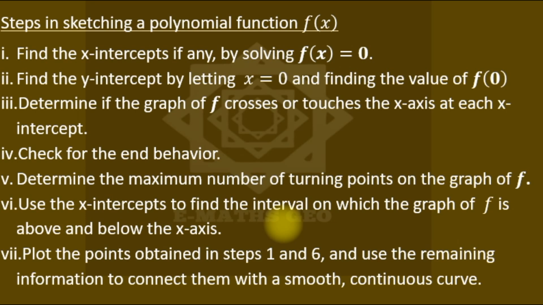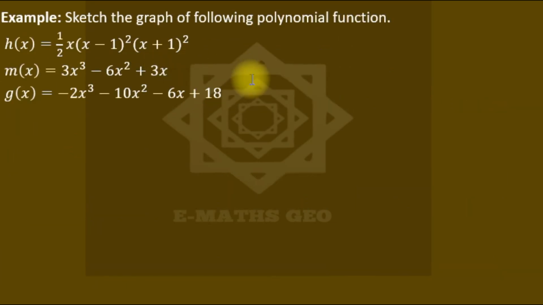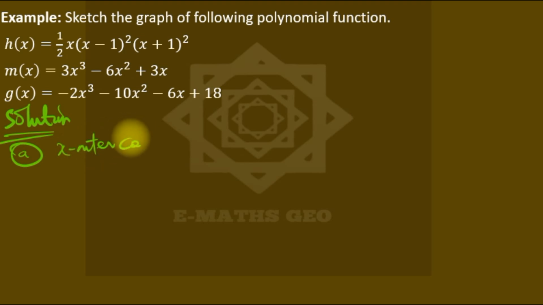So let's start. Assuming we are asked to sketch the following graphs, this and this. We are starting with the first one. We need to get the x-intercept. The x-intercept means that y is 0.